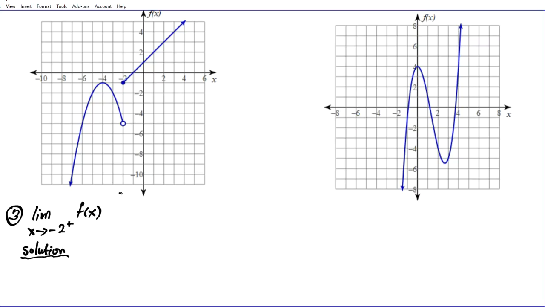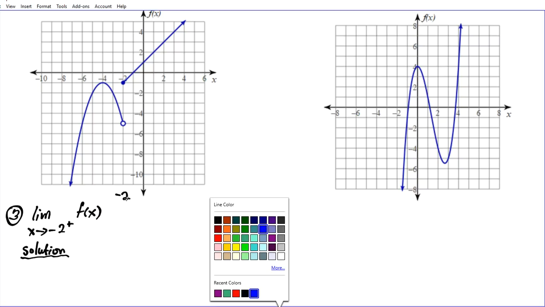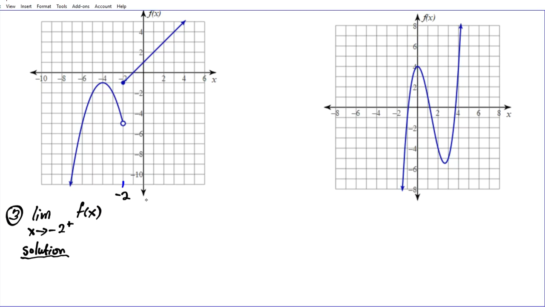Let's look at where's -2. That's -2 right here. If we're approaching from the right, we have this positive sign power, which means we're approaching from the right direction, this value right here. So we're approaching -2 from the right.